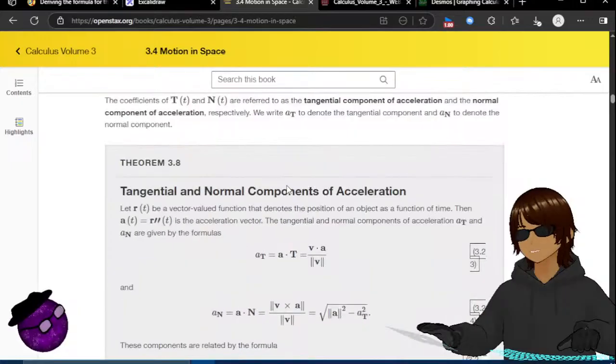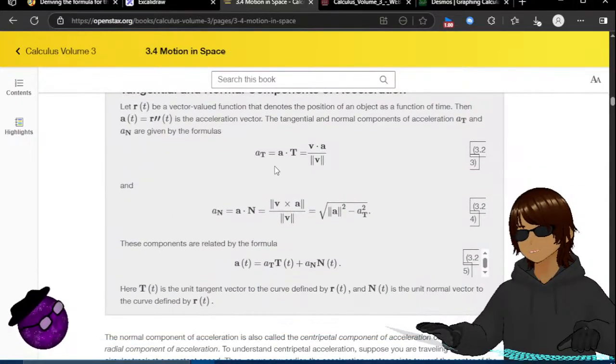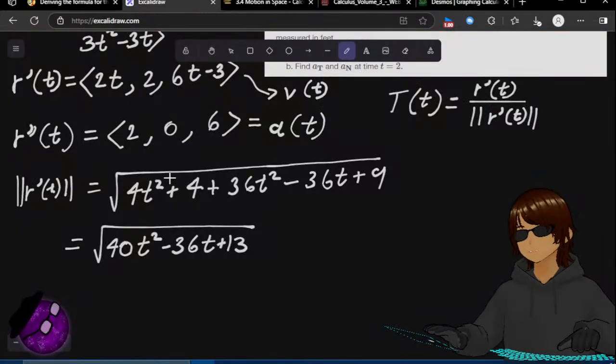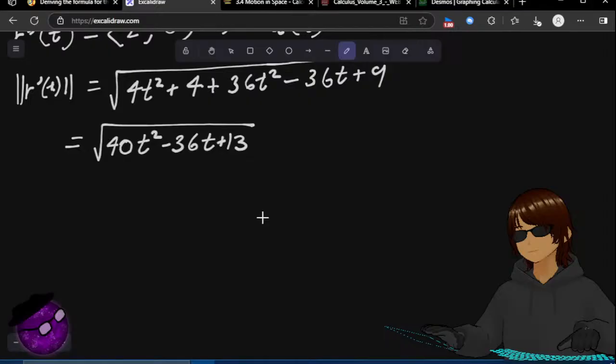And then the acceleration would be a dot v. Hold on.